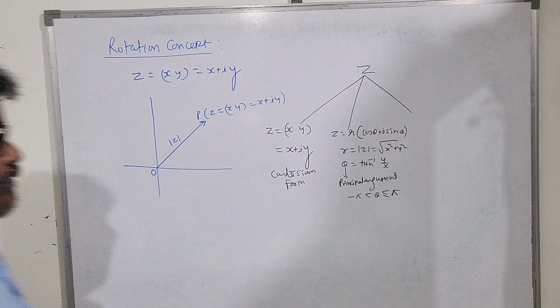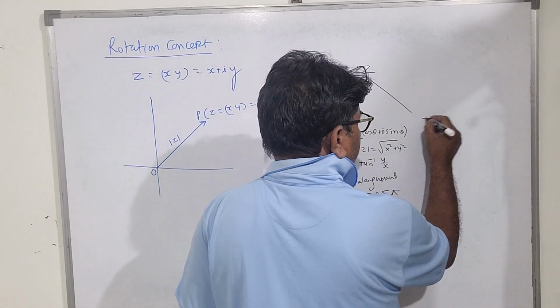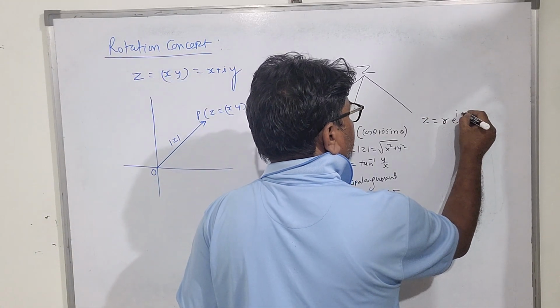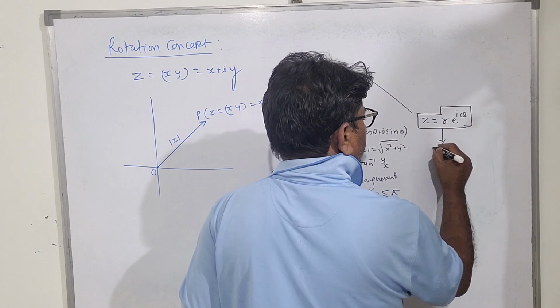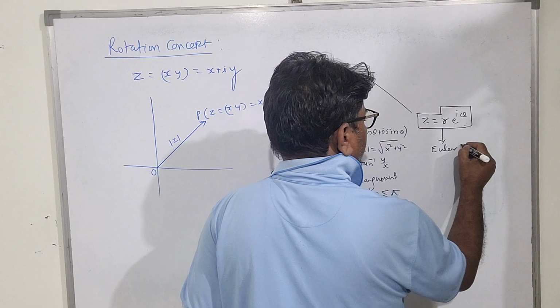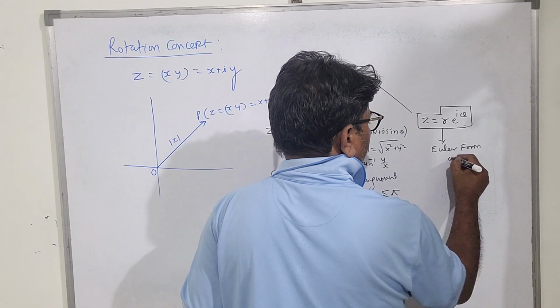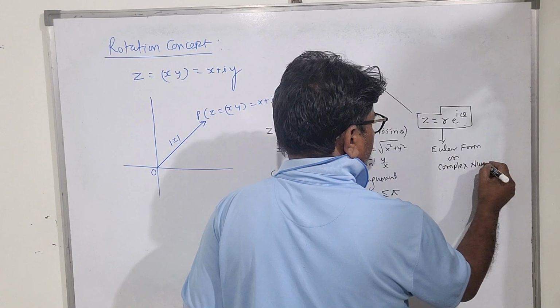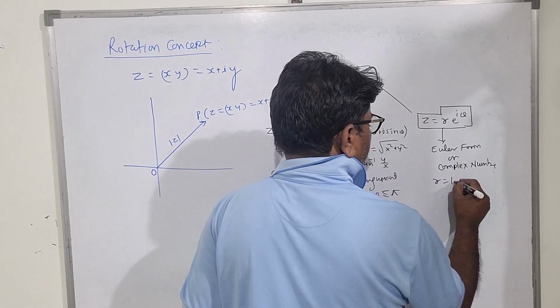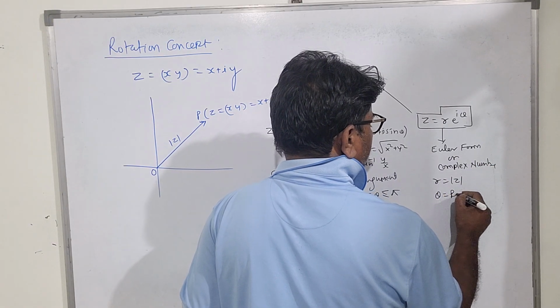Okay, and the third form which is important here, that is z equal to r into e to the power iota theta. This is called Euler form of complex number, where r is modulus of z and theta is its principal argument.